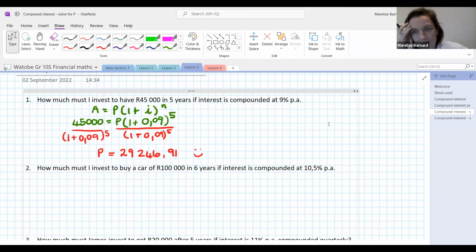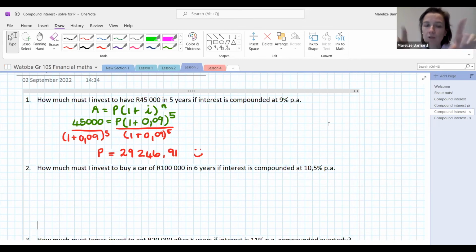Hi, ma'am. Hi. I wanted to ask if it's okay if we first solve for the 1 plus 0, and then say P equals, and then you get the P. Yes, it is, but you mustn't round when you divide, okay?